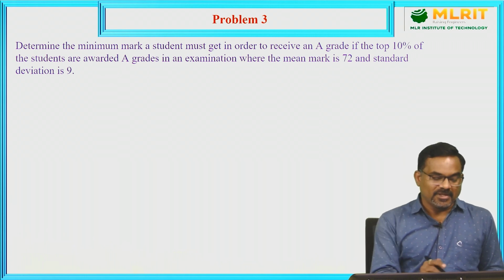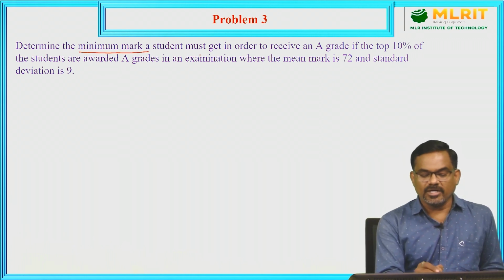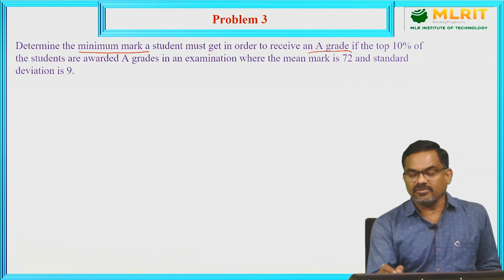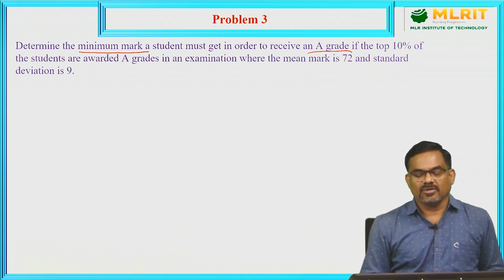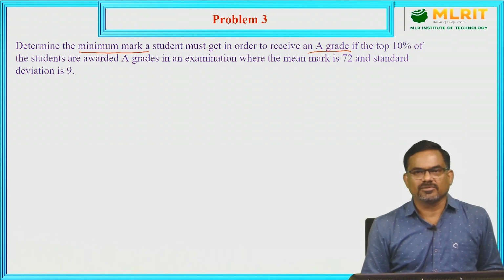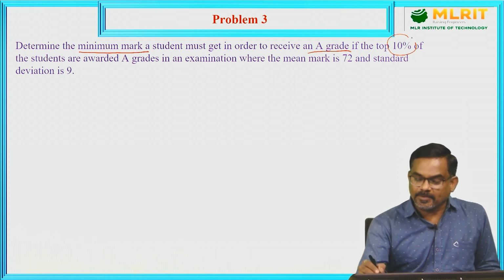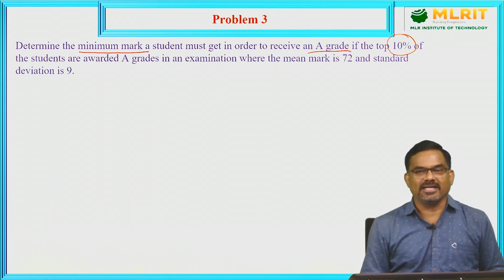So here we need to find the minimum mark a student must get in order to receive A grade. So to get A grade, what is the minimum mark a student should score? And what is the given data if the top 10% of the students are awarded A grades?